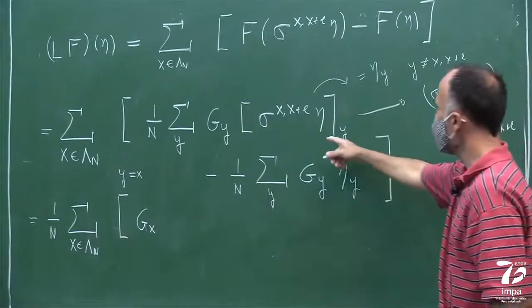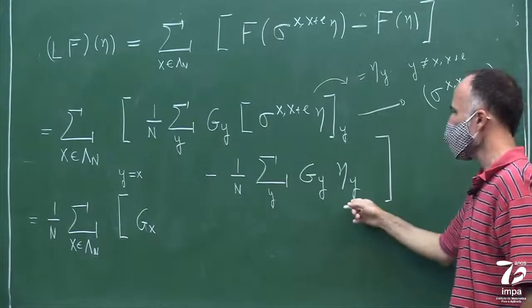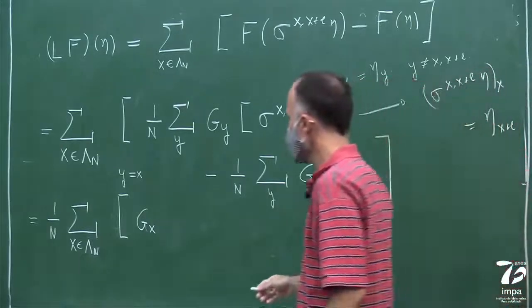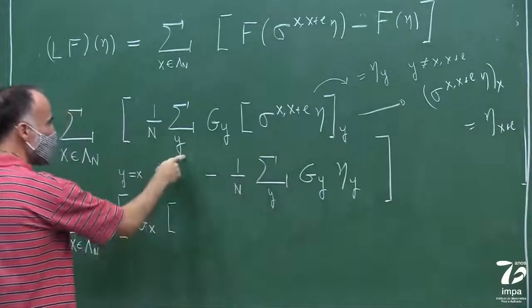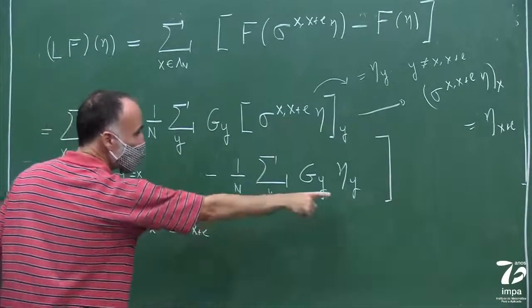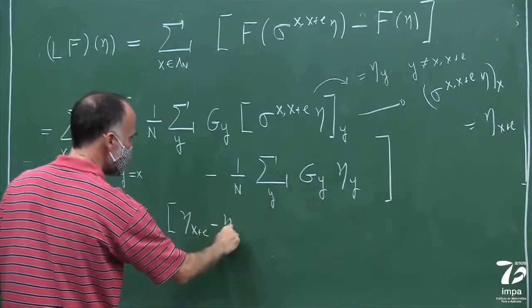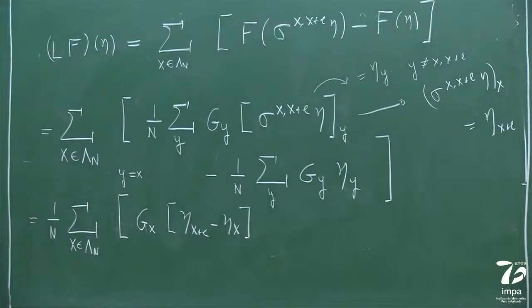So this term gives me eta x plus e, while this one is just eta x, but I have a minus sign, so it's minus eta x. Okay, so this is the term y equal to x. And then I have the term y equal to x plus e.